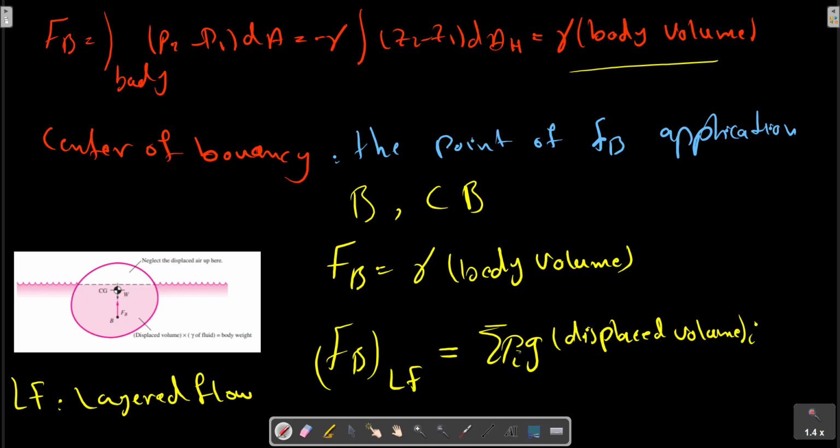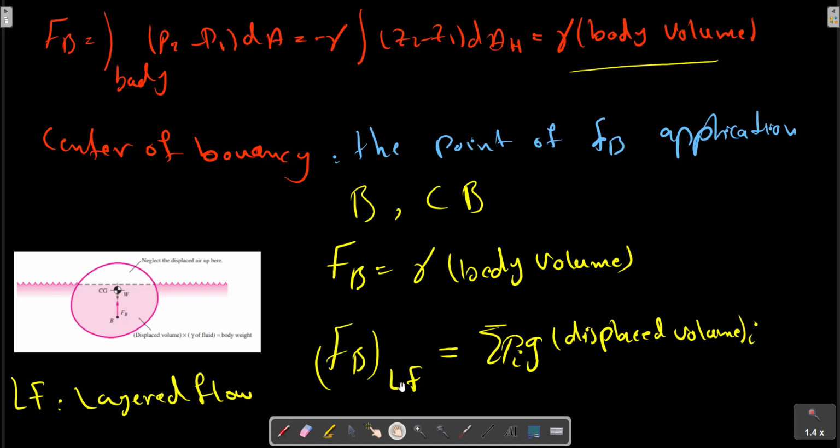Each displaced layer would have its own center of volume, and one would have to sum moments of the incremental buoyant force to define the center of buoyancy of the immersed body.